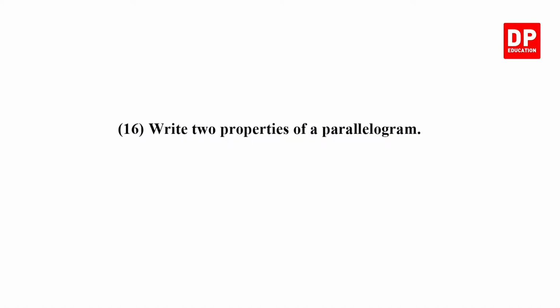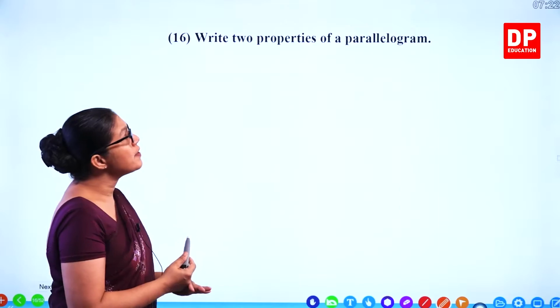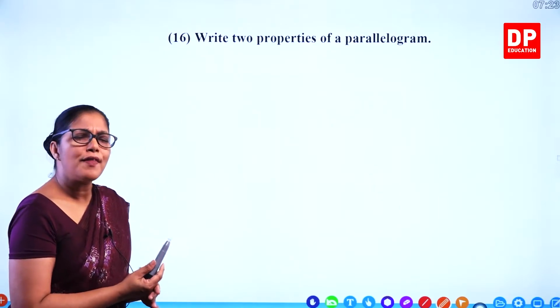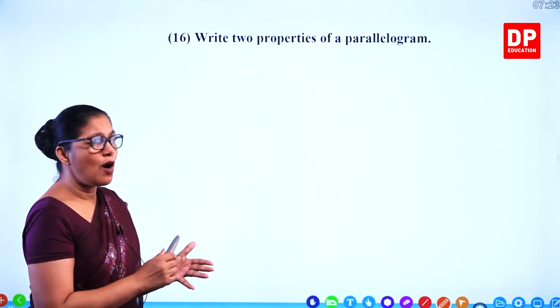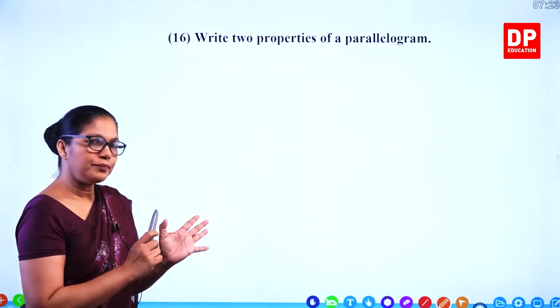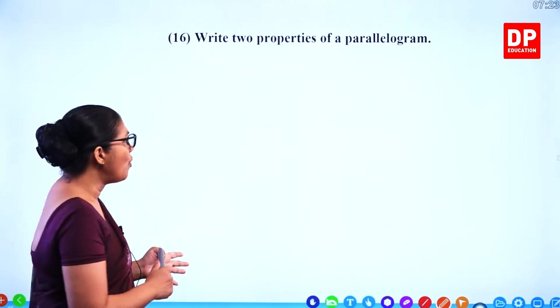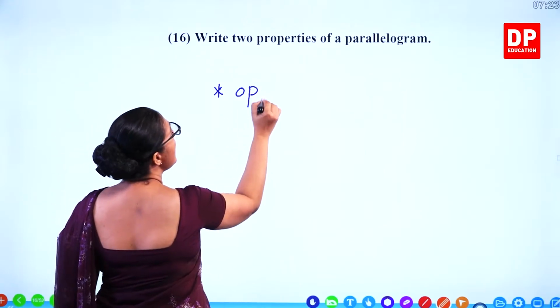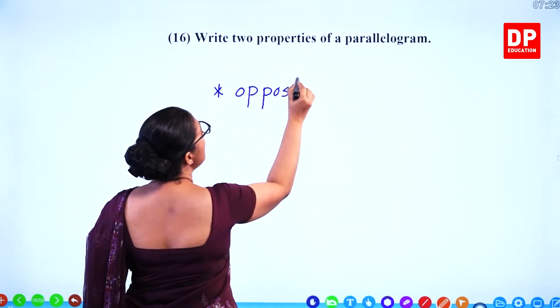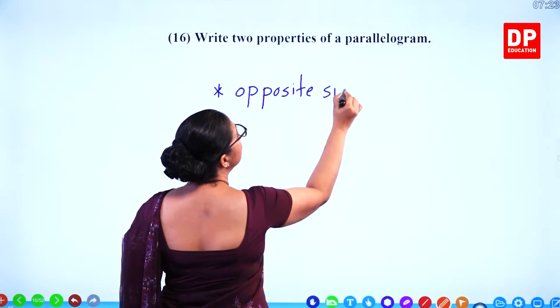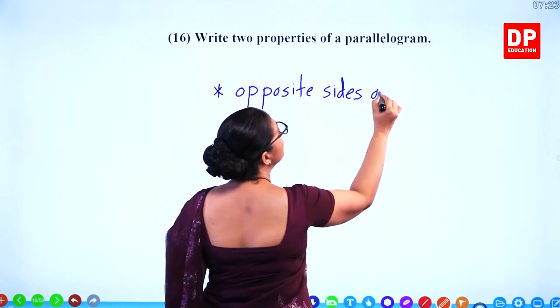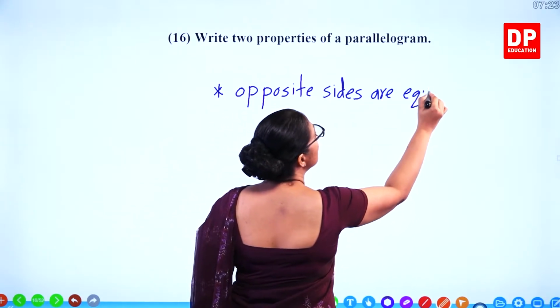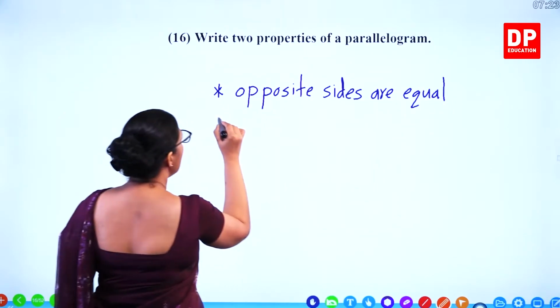Question number 16. Write 2 properties of a parallelogram. So what are the properties? You have to write down any 2. What's the first thing? We know opposite sides are equal. You can write any 2. I'll write all opposite sides are equal. What else?